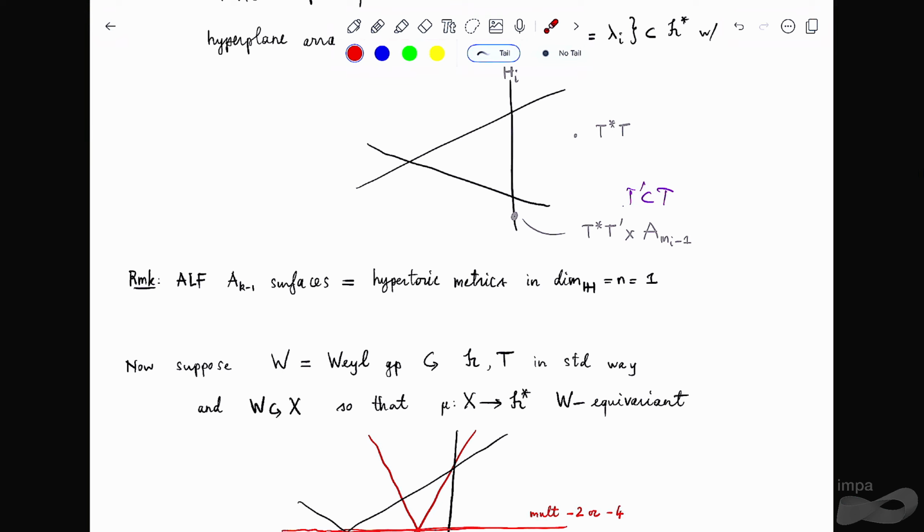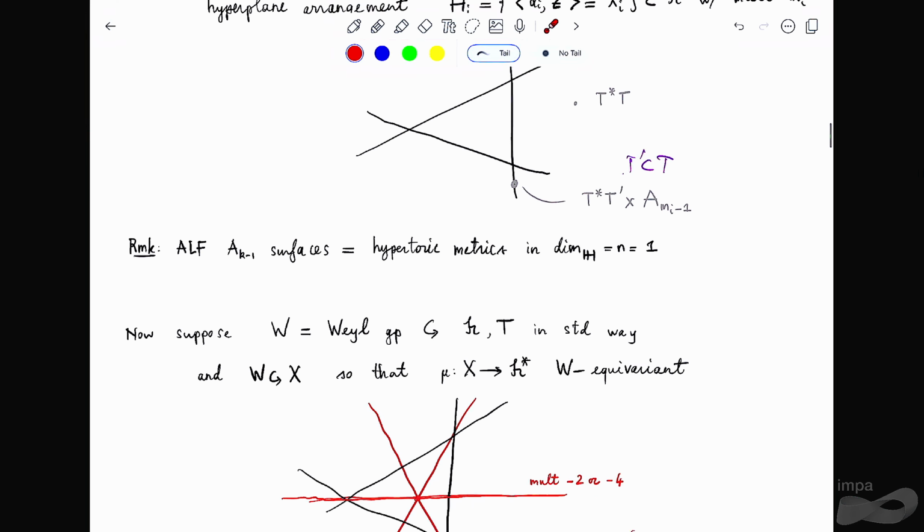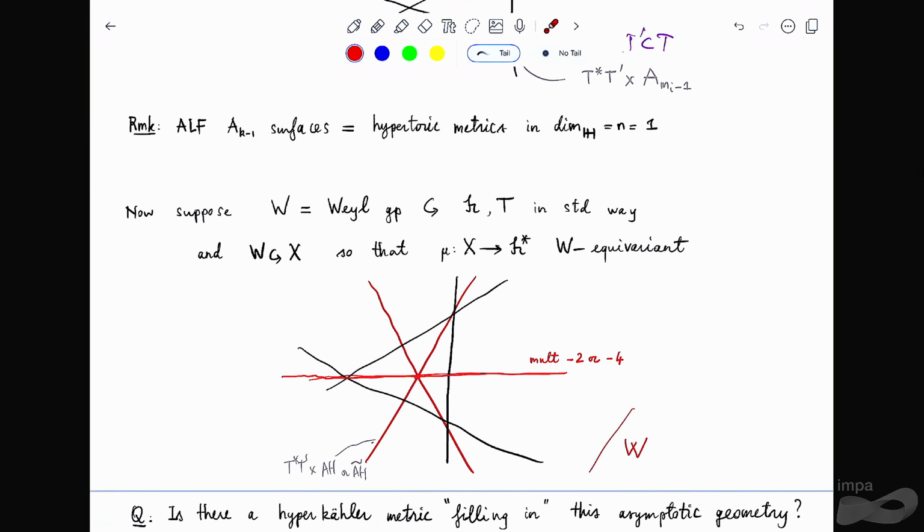So this is acting on the torus and its Lie algebra. And suppose actually that this action lifts to an action on the hypertoric variety X, so that the complex moment map becomes W-equivariant. So then, in this cartoon picture, we had the hyperplanes in black.